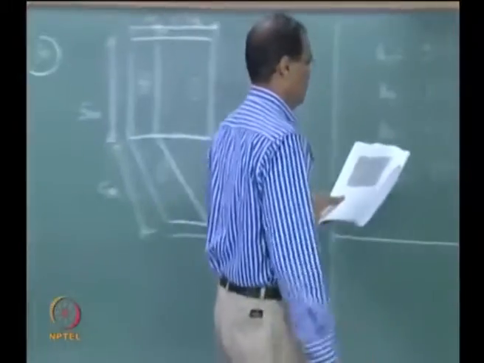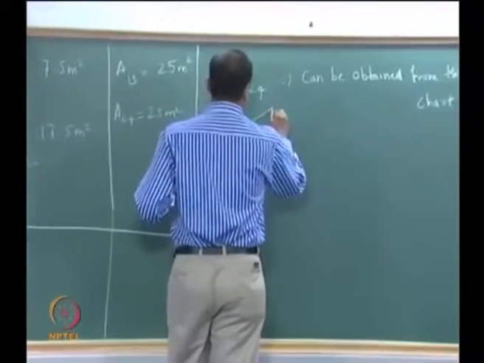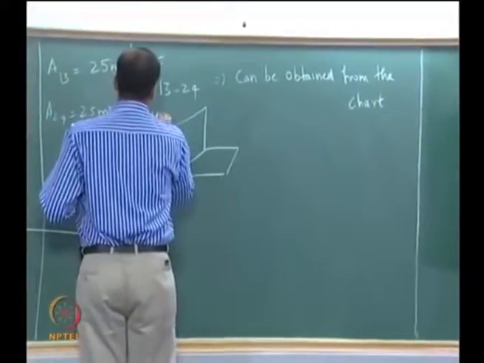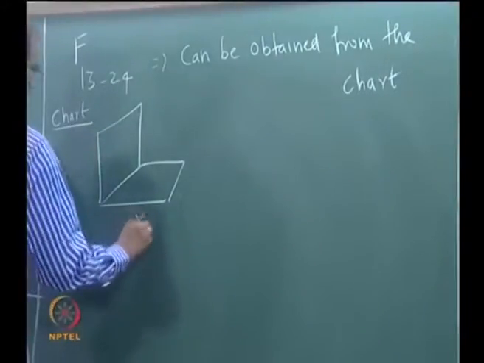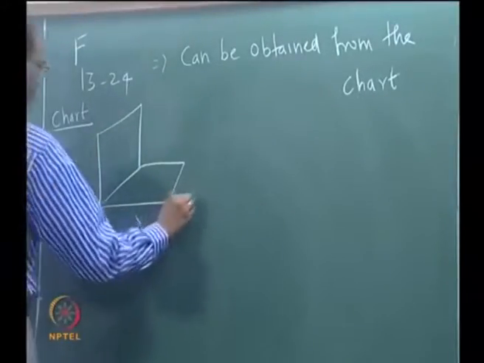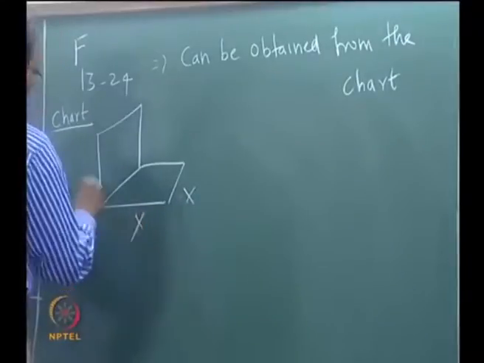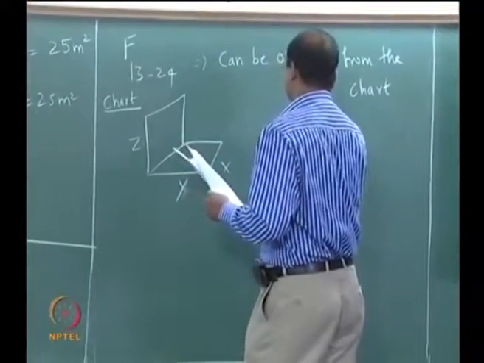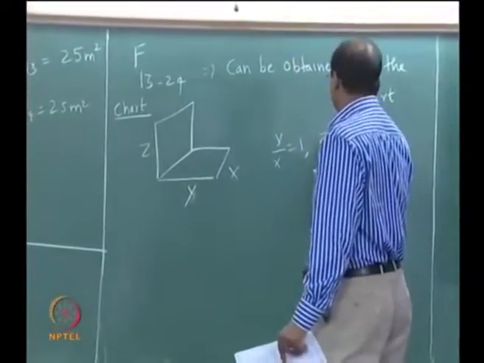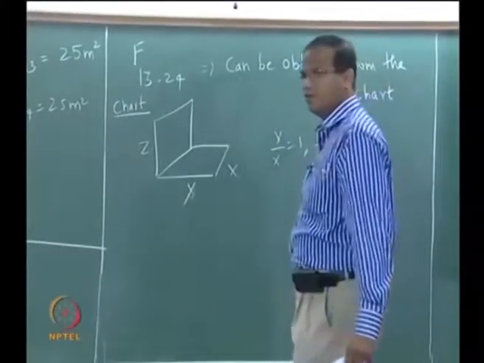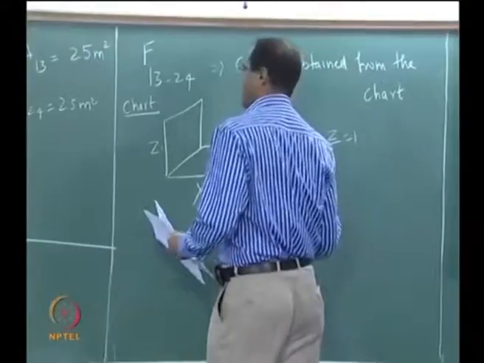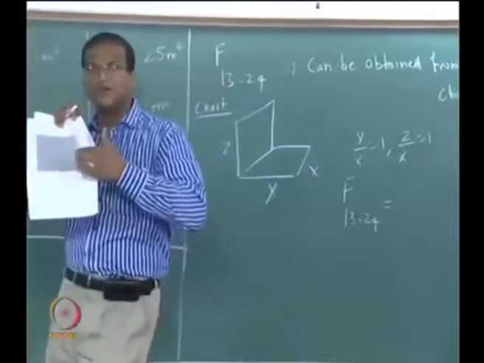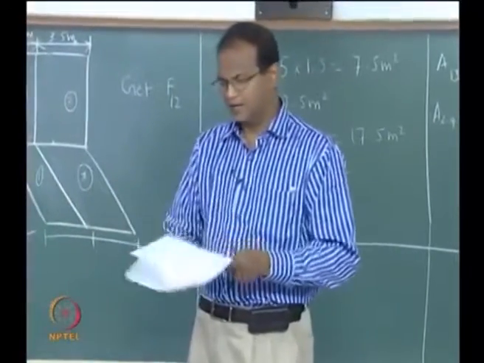Now, y by x is 1, z by x is also 1. So from the chart you please read off, what did I get?